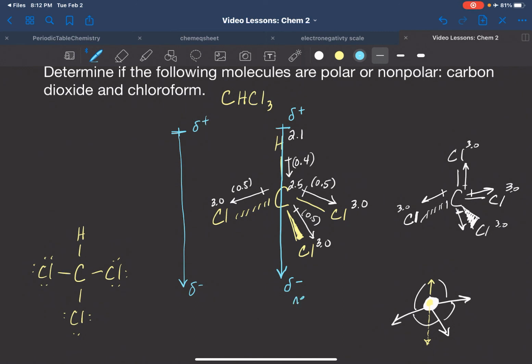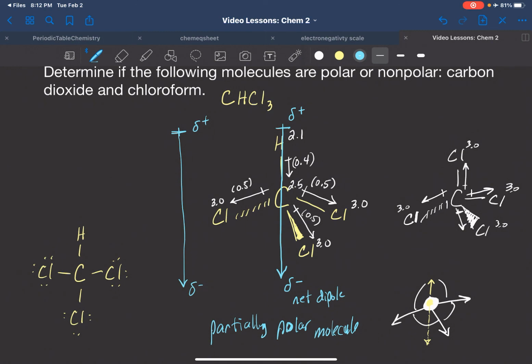This is our net dipole, and so we can see that this is a partially polar molecule.